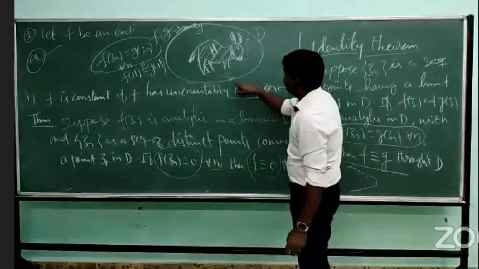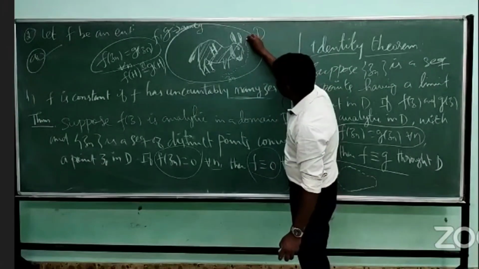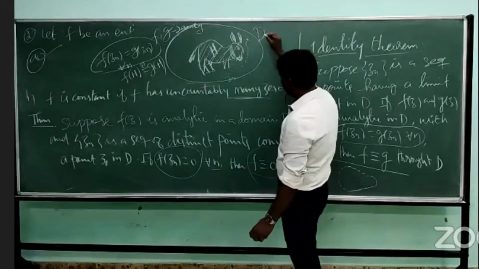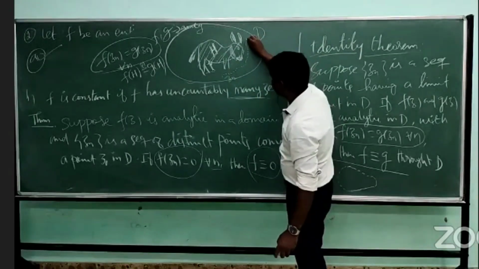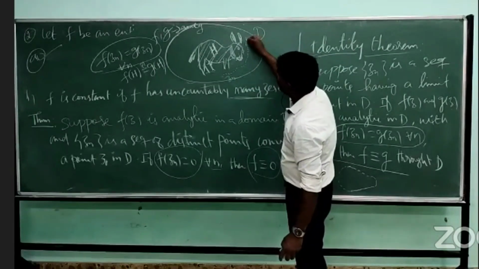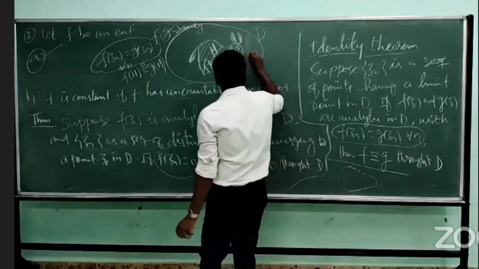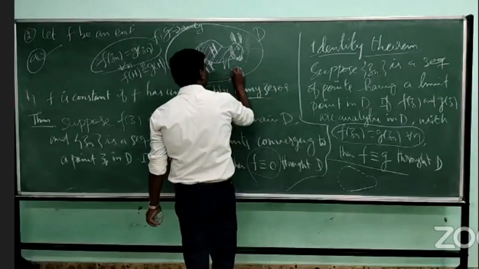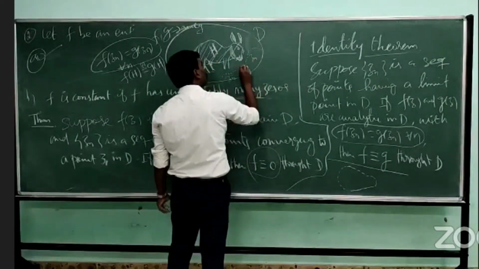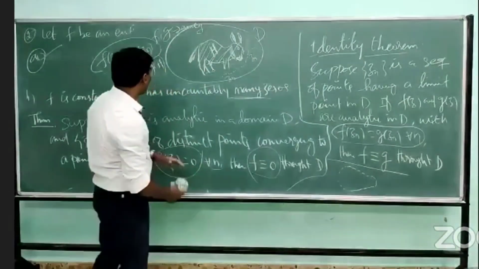The thing is that Z1, Z2, and so on stop here only, not going outside. So Z1, Z2 is a sequence whose limit is this point. Suppose instead the sequence of points Zn goes outside like this. Now what is your conclusion?